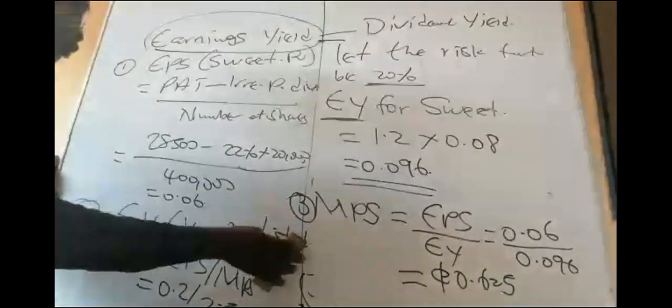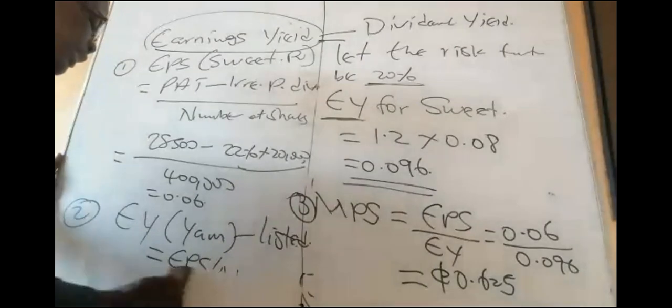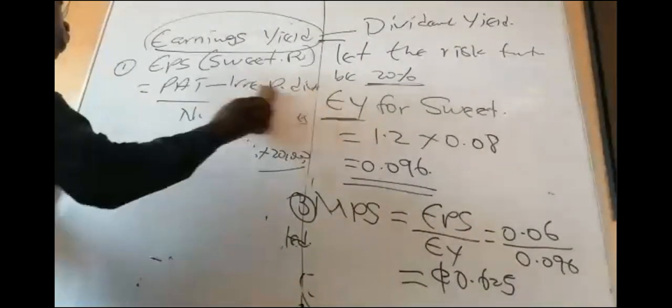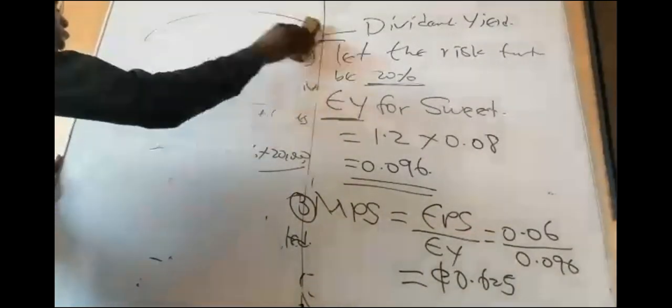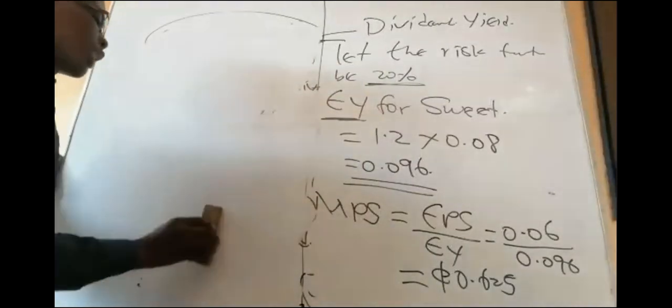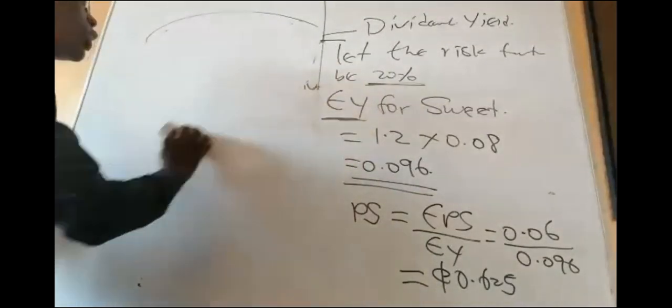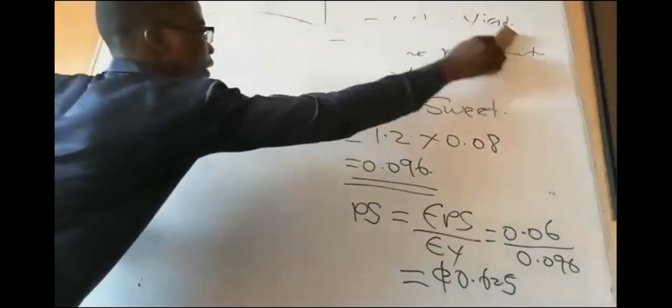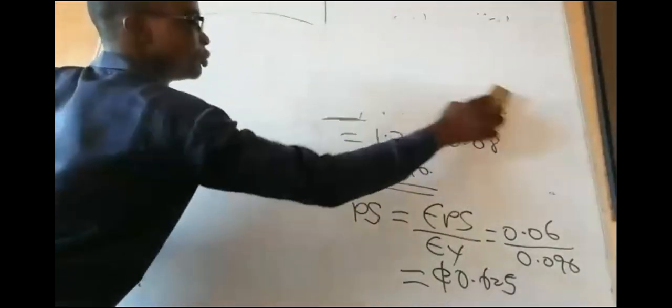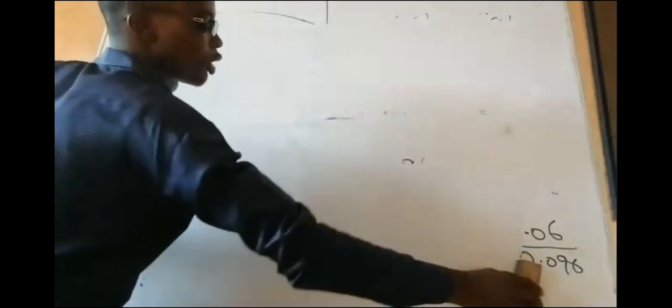Let's move on to the next step, the price earning ratio, using the PE ratio to value the company. We're going through the methods of valuing a company. We've looked at two so far.